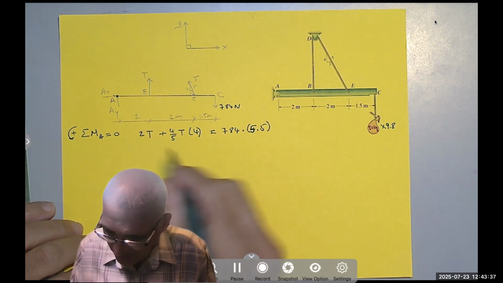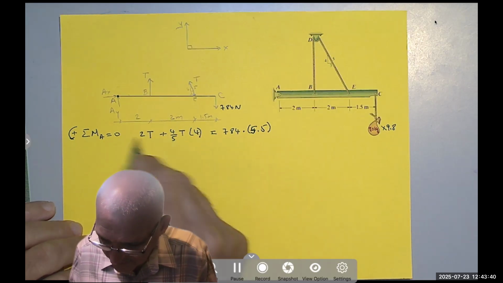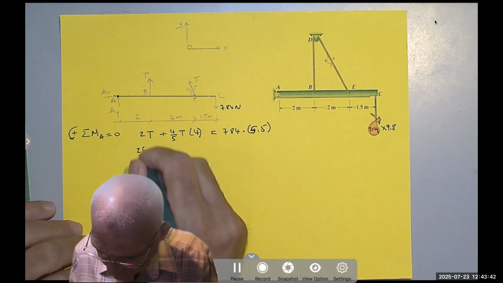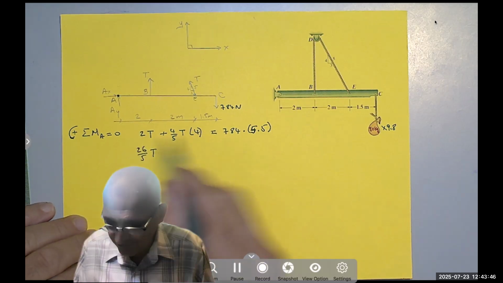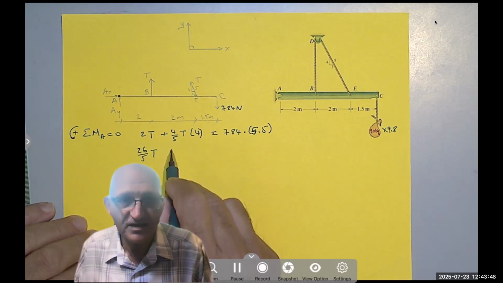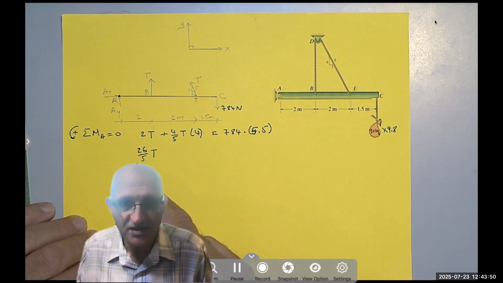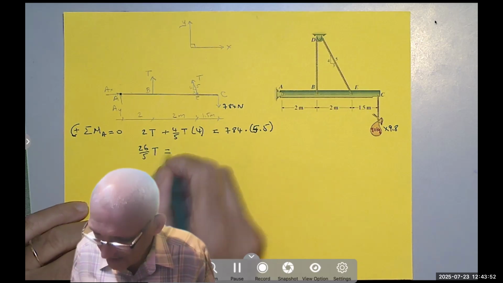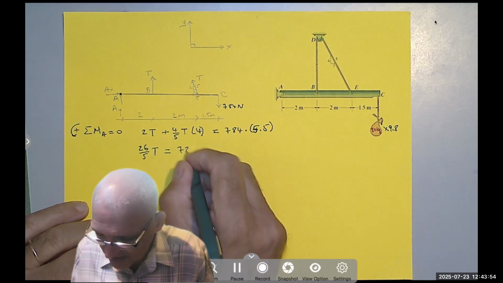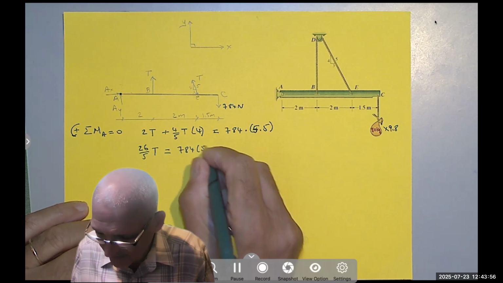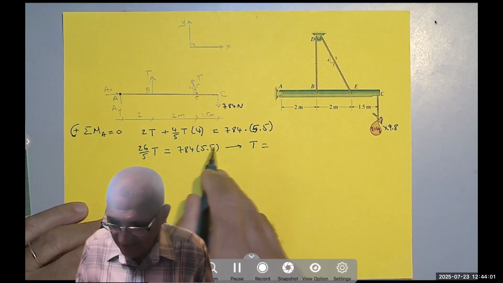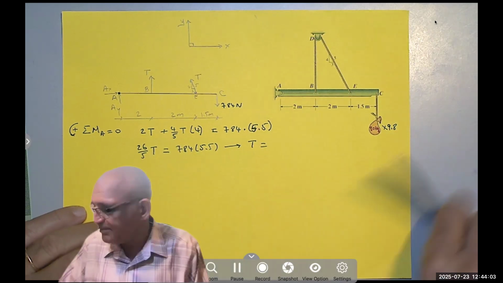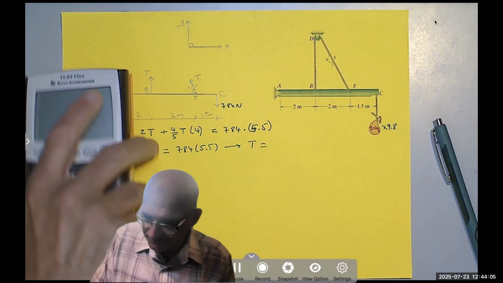And now you can use the calculator. So this is 26 over 5 T. 2 is 10/5, and 4 times 4 is 16/5. And 10/5 plus 16/5 is 26/5 T equals the 784 times 5.5. So from here you can solve for T by multiplying these two and then multiplying by 5 over 26.